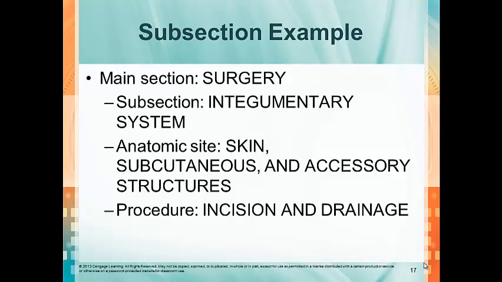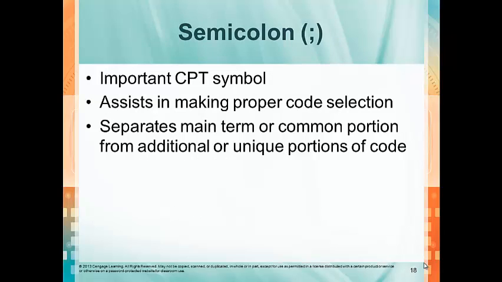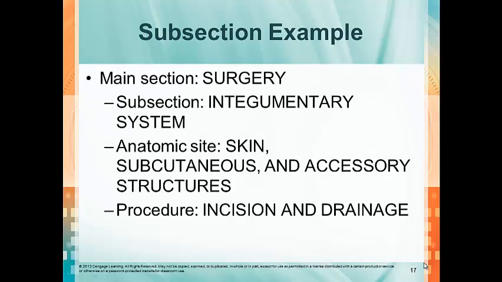So, for example, in the main section, surgery, you would choose integumentary system, then you would note skin, subcutaneous and accessory structures, and then by the procedure, incision and drainage, which would render 10080 incision and drainage of pilonidal cyst simple.